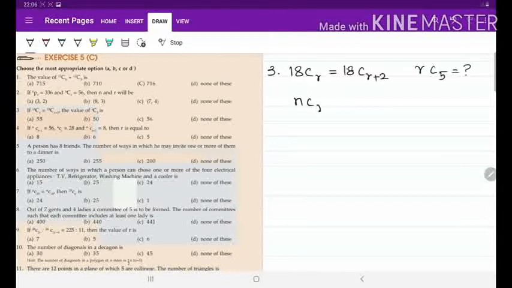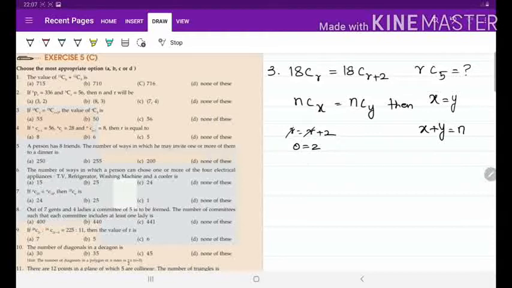Here we can use the property: if nCx is equal to nCy, then x is equal to y, or x plus y is equal to n. Any one of them is true. So let us first substitute x is equal to y, we get r is equal to r plus 2, which is absurd, because when r is cancelled on both sides, we get 0 is equal to 2, which is meaningless.